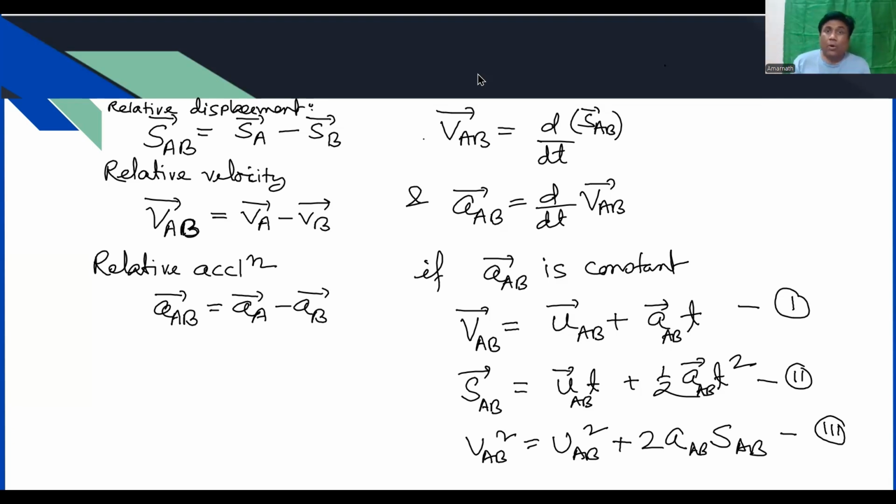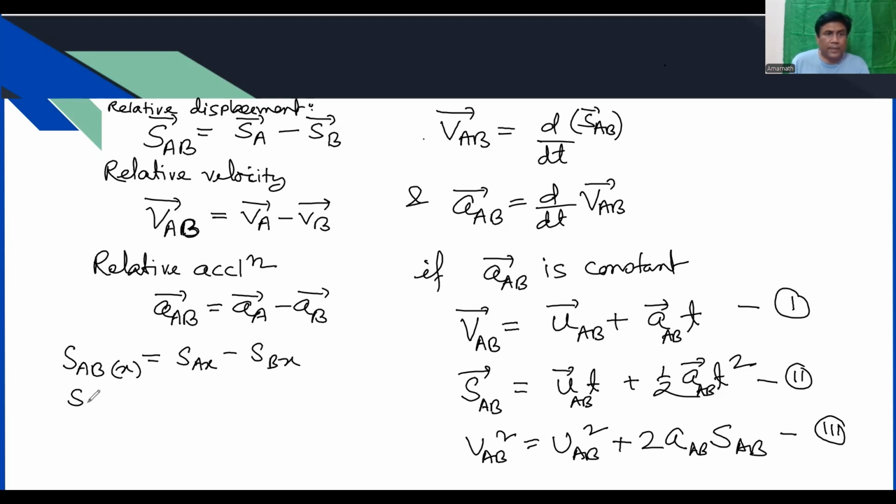And one more thing, all are vectors, okay? If you write all equations in vector form, say I'm considering the relative displacement along the x-axis. Then what will be the formula? Relative displacement of A with respect to B along the x-axis is obviously the displacement of A along x minus displacement of B along x.